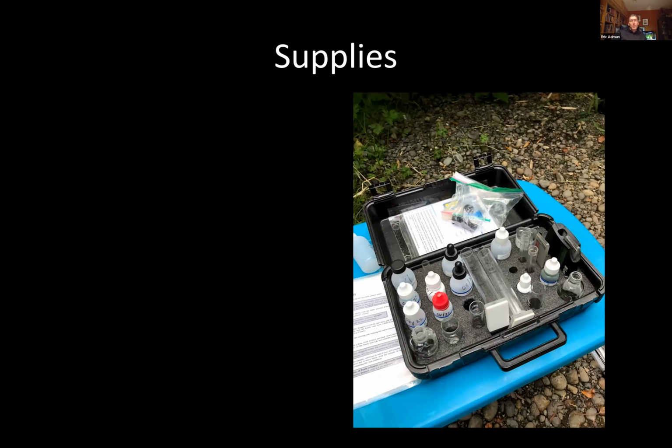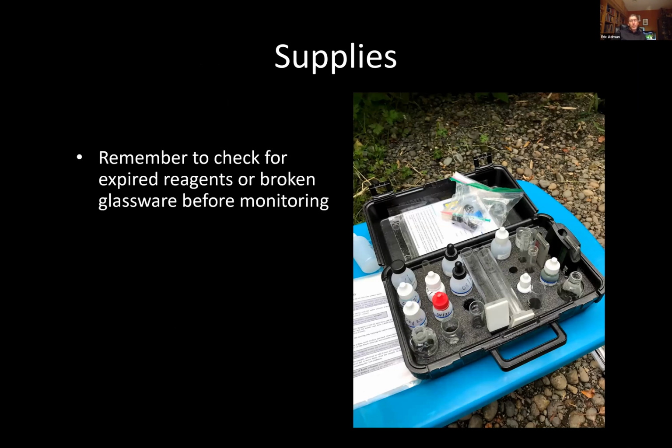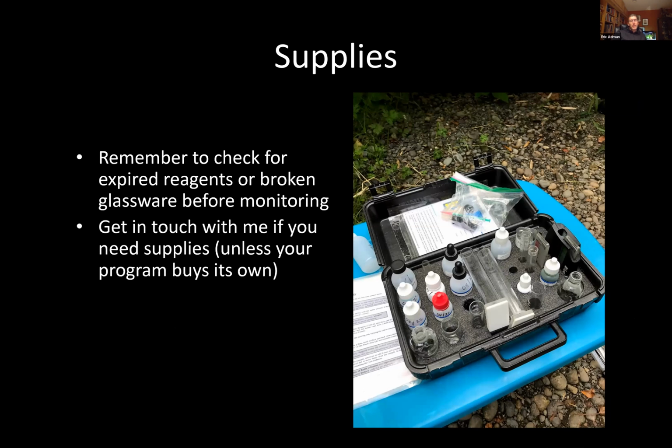Okay, so supplies. Remember when you're monitoring to check for expired reagents or broken glassware before you monitor. And if you get your supplies from us, get in touch with me, unless your program buys its own. Currently, Eric Strom is our supplies coordinator.